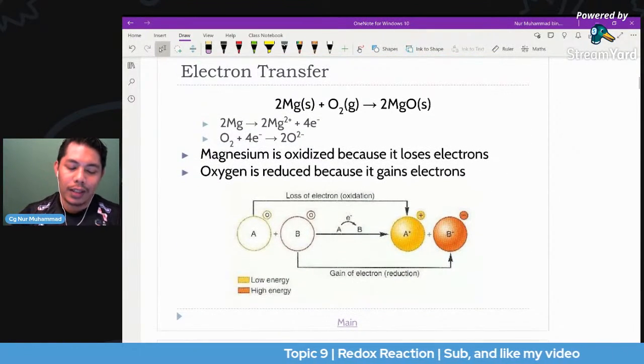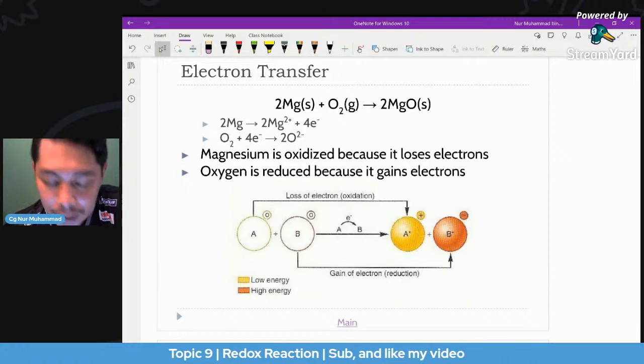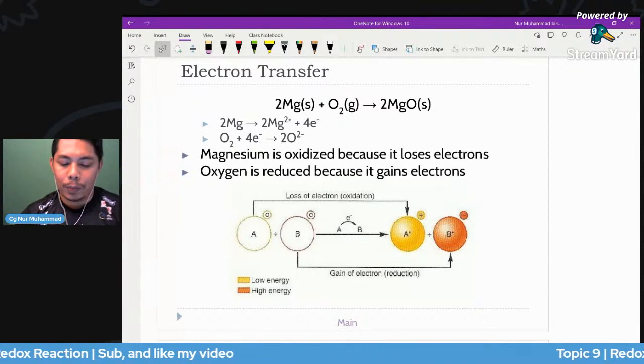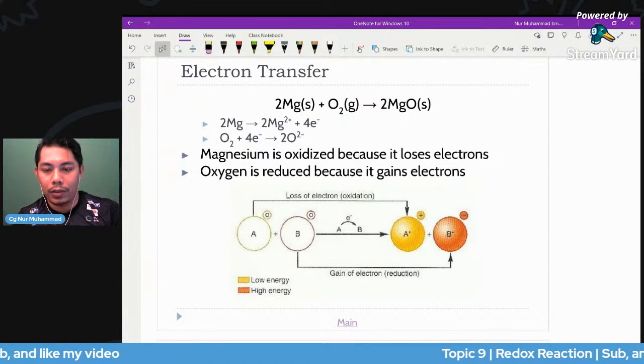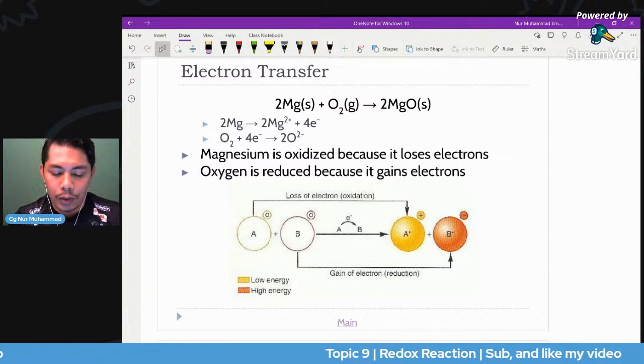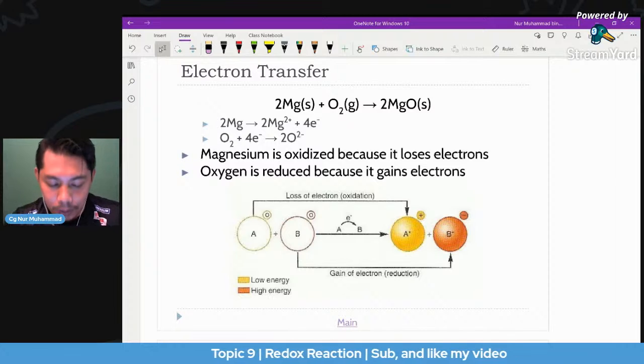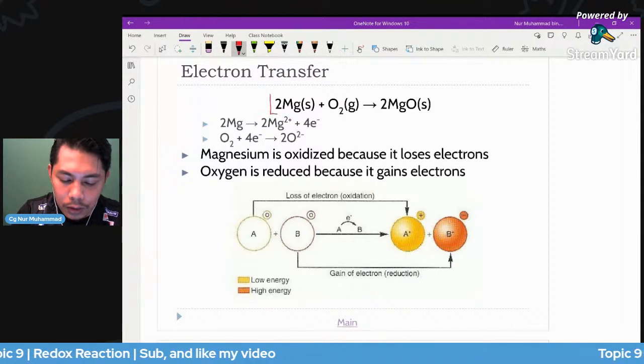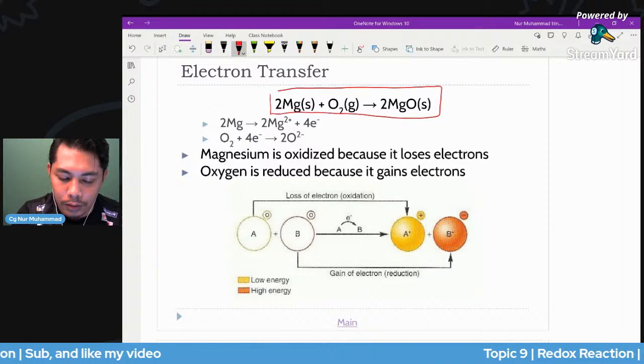Okay, alright class. So in term of transfer of electron, okay, so electron ni you have to separate lah. You have to differentiate the equation to the anode and cathode. Example, okay, you are given, this is called overall equation.